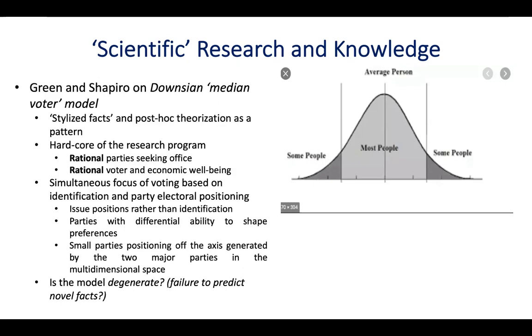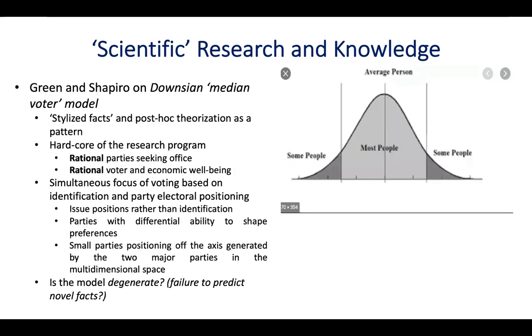The largest percentage of voters, the median voter, lies in this area. So they move a little bit from the far left and far right towards the center, without reaching the center, in order to attract more voters.